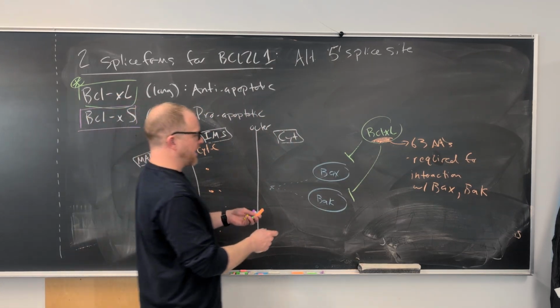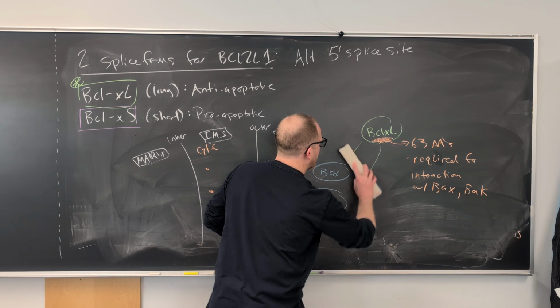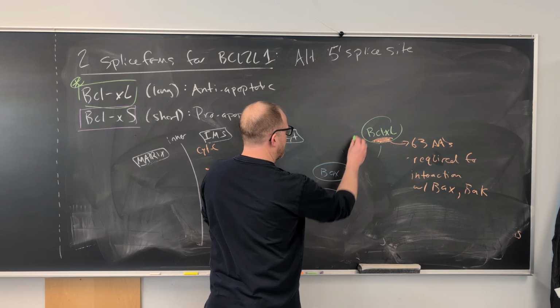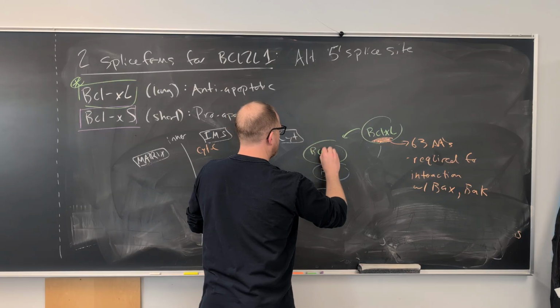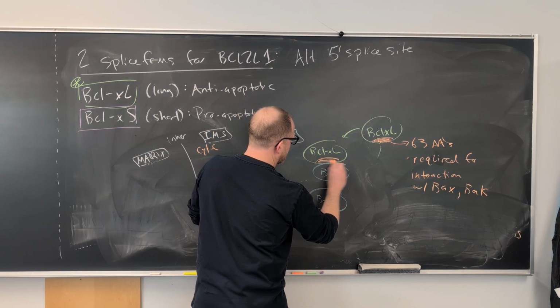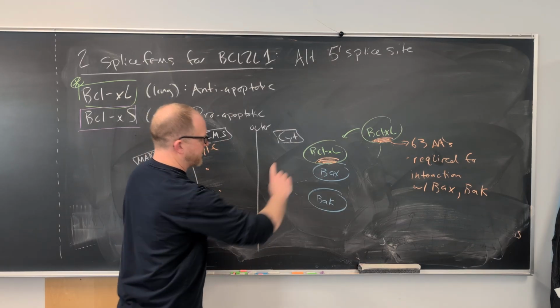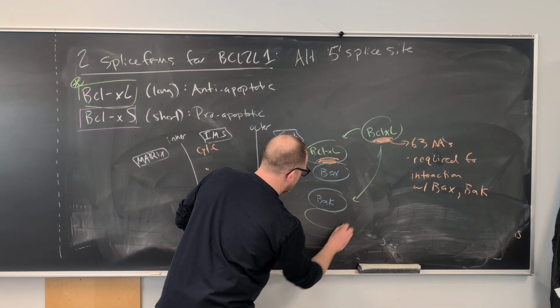All right, so BCL-XL, I showed these inhibitory lines here, but let's erase those real quick and just show that BCL-XL can bind to BAX here, again requiring those 63 amino acids. And I'll flip it around here, but it can also then bind to BAK.